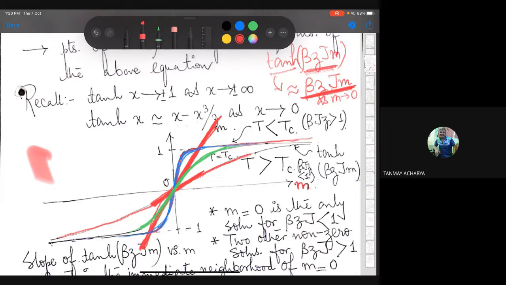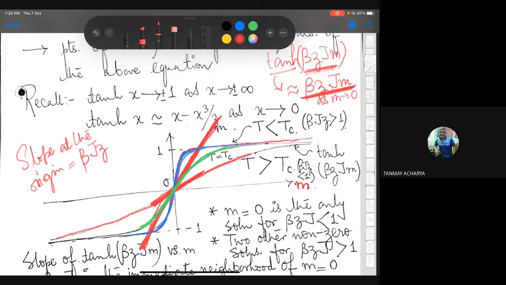So, sorry. What am I doing? I'm choosing the wrong one, I guess. The slope at the origin is equal to beta Jz. Is this okay?